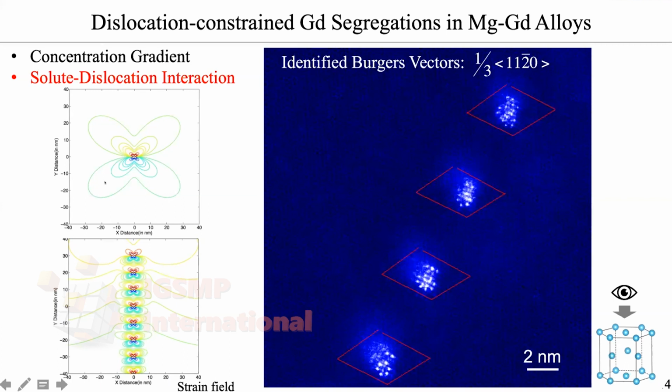But if we have the dislocation there, around the dislocation, it will have the so-called stress. So it will give you compressive stress regions and tension stress regions.